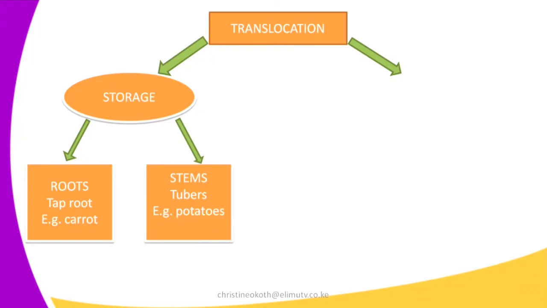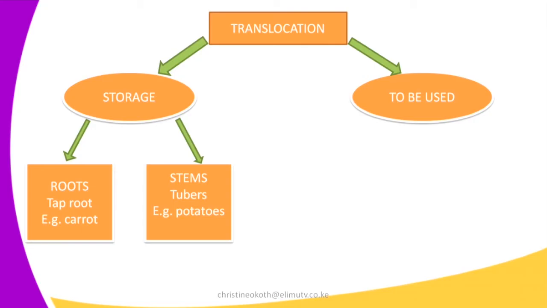Then we have the stems, for example, the tubers, which are normally found in potatoes. So by the process of translocation, that organic substance which has been made can be transported to somewhere else within the plant for storage in the roots or in the stem.